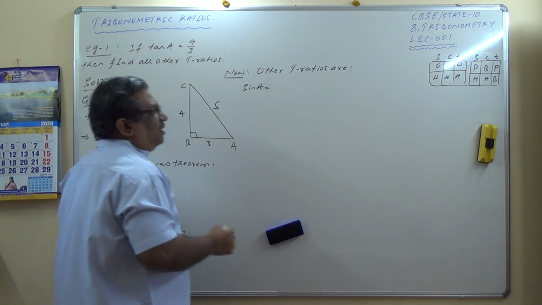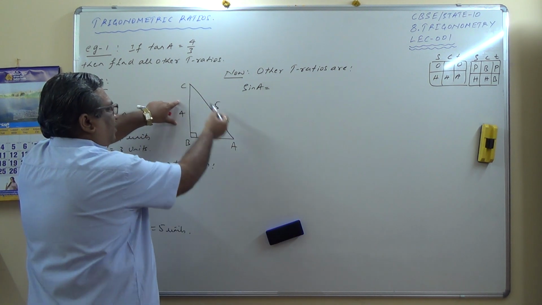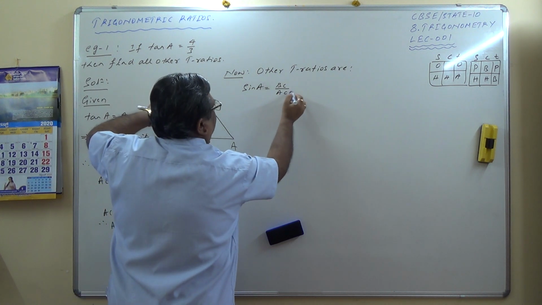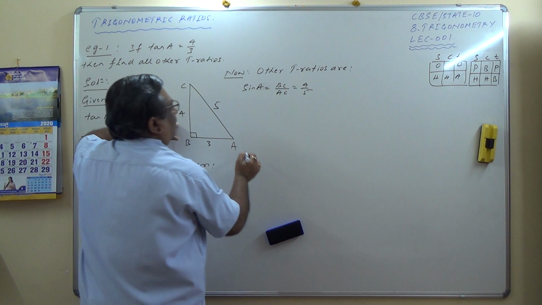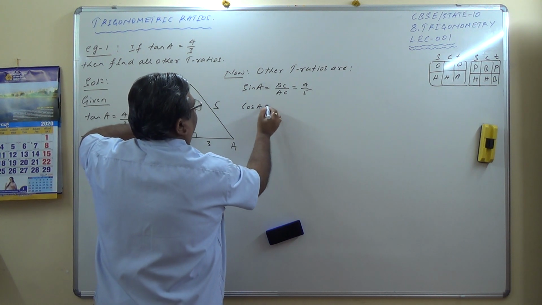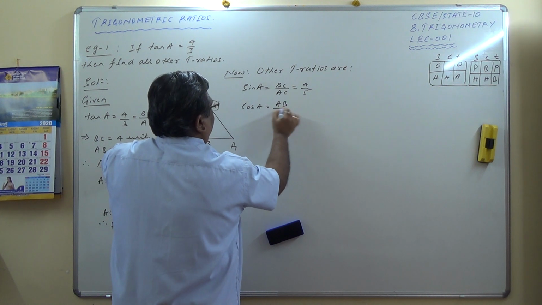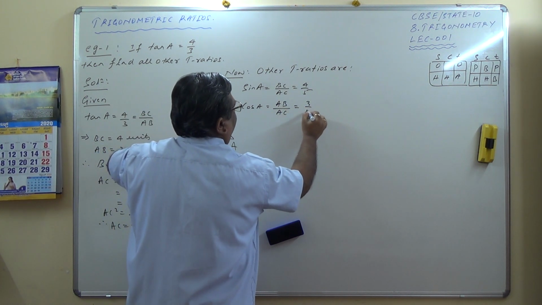Sine A equals opposite by hypotenuse, BC by AC, which equals 4 by 5. Now cos A equals adjacent by hypotenuse, AB by AC, which equals 3 by 5.